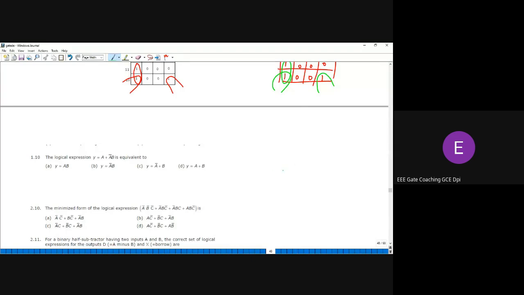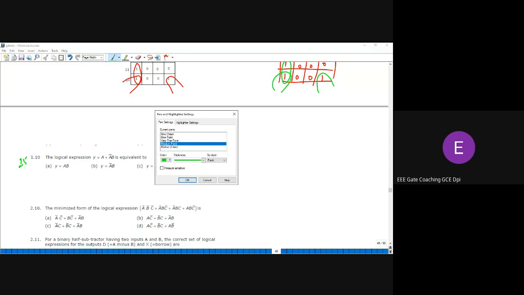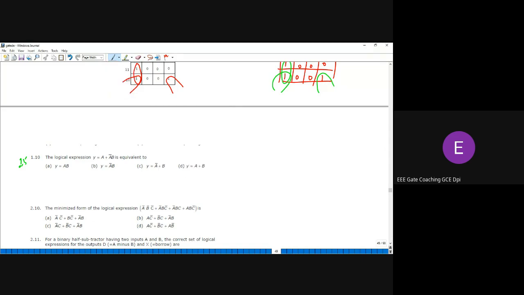So tell the answer for this one. 5. I already told you this is A plus A bar into A plus B. So it's equal to 1.